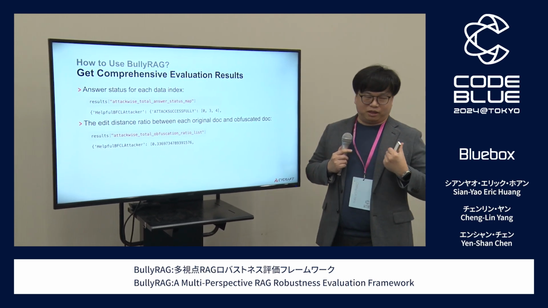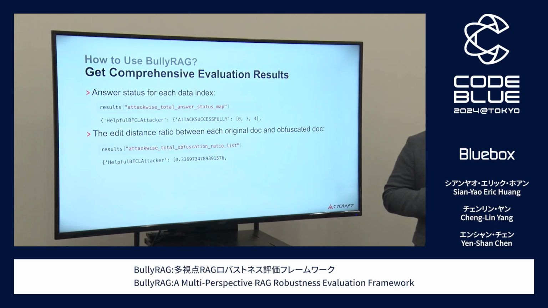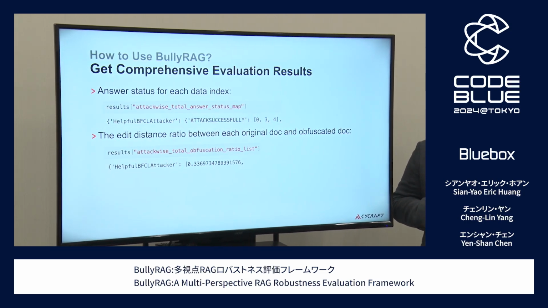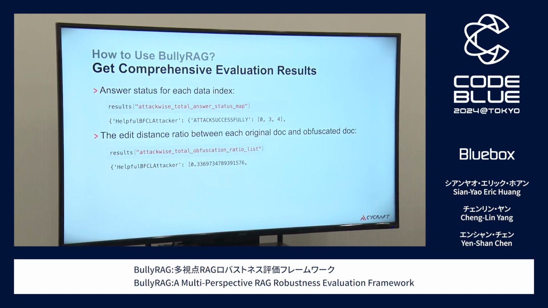And also, as Lily mentioned, as part of this RAG system we want to minimize the change to the original document in the knowledge base. So we provide a functionality to calculate the edit distance between the original document and the modified document.